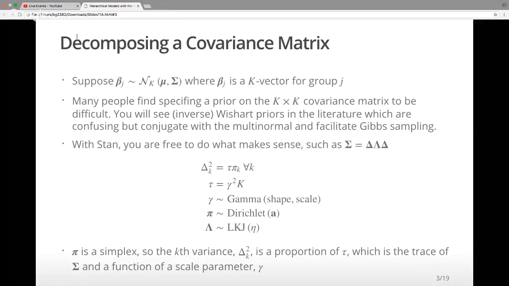And so if we're taking a Bayesian perspective on this, which we should be doing, then we're going to have to specify a prior distribution on the mean vector mu and the covariance matrix sigma.